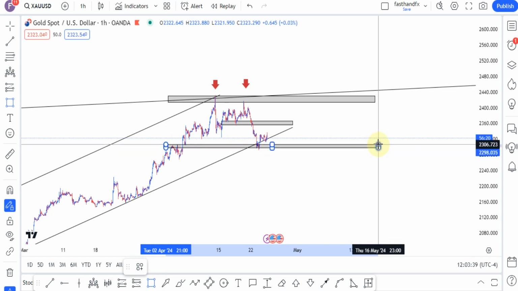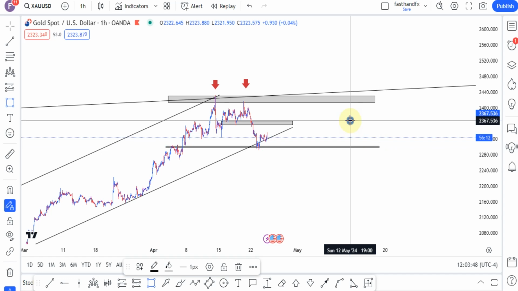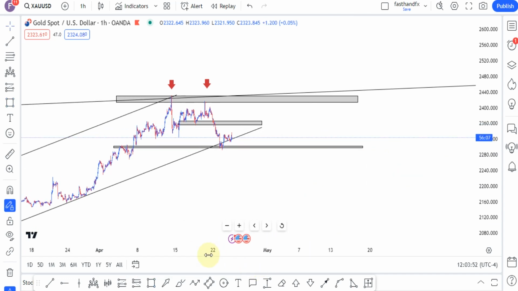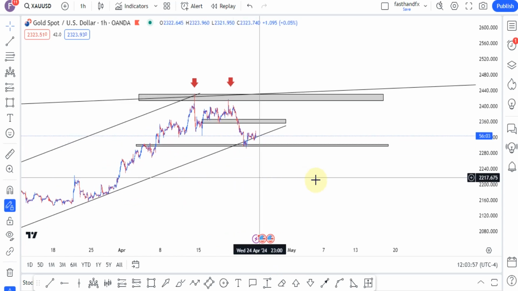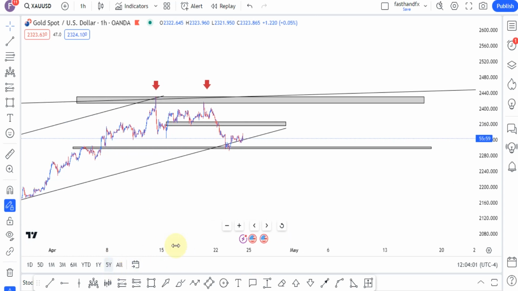The market wasn't able to break below this area. It just gave us that fake out. Then, as you can see, it started going up, and we can call this an impulse move. We can call this a correction.